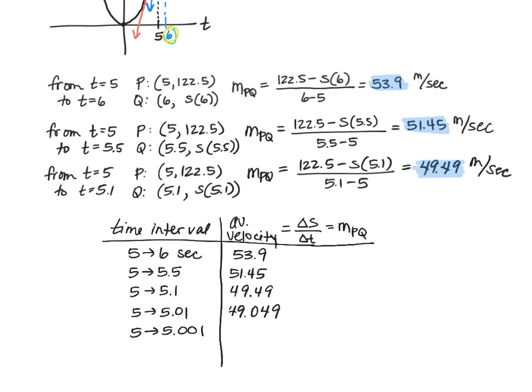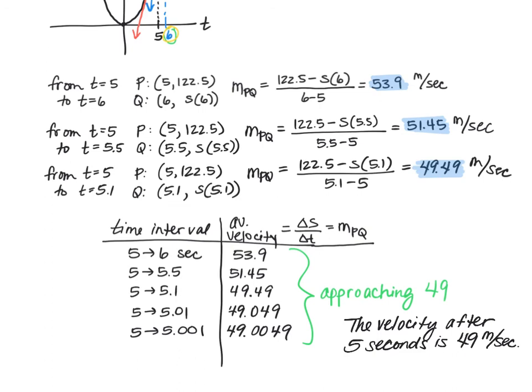And for 5 to 5.001, it should have been 49.0049. Now, I believe we can say that we have a trend here, that these values look to be approaching 49.